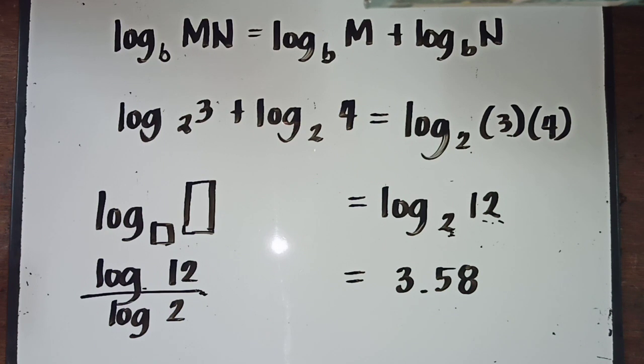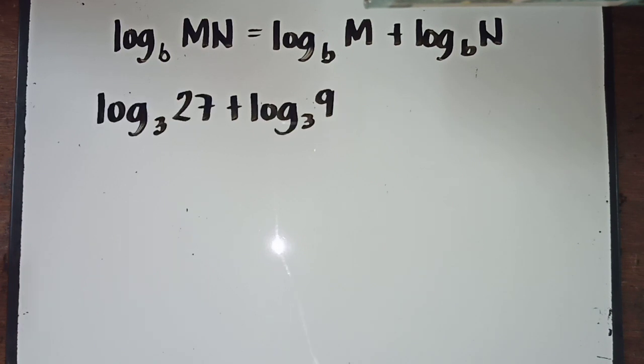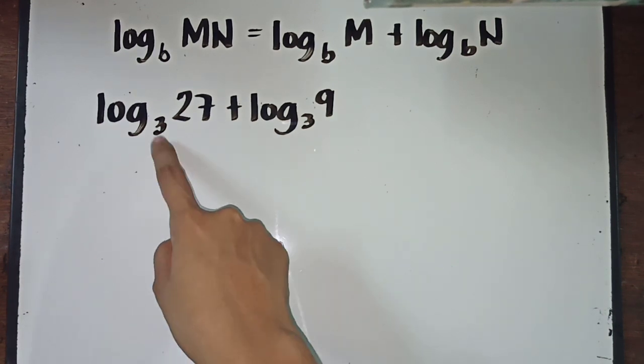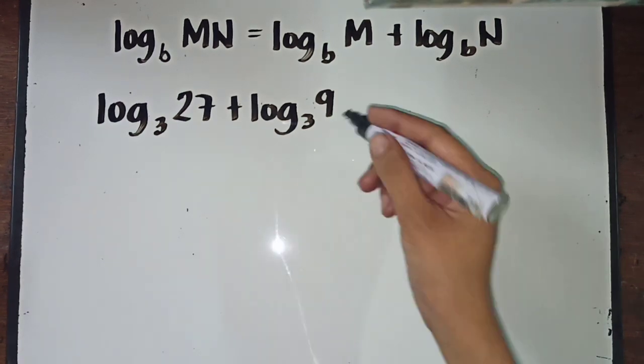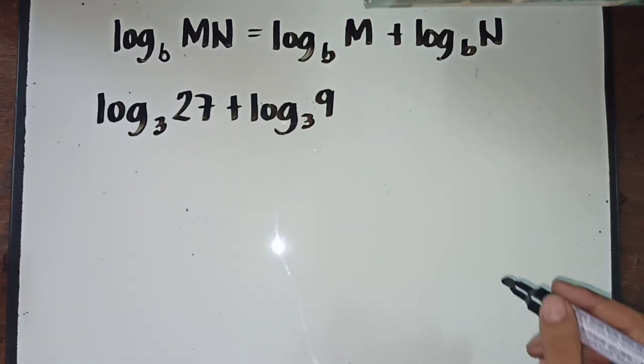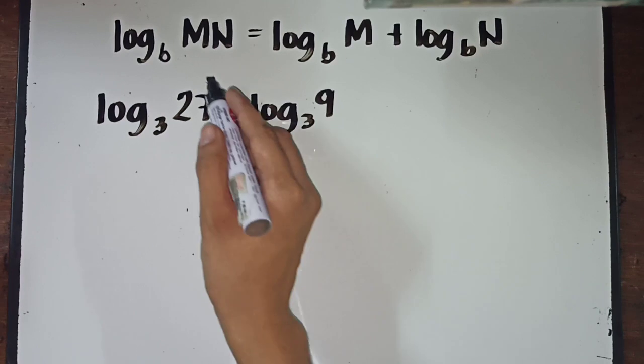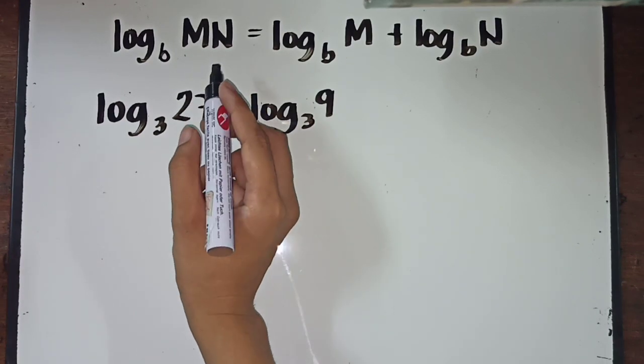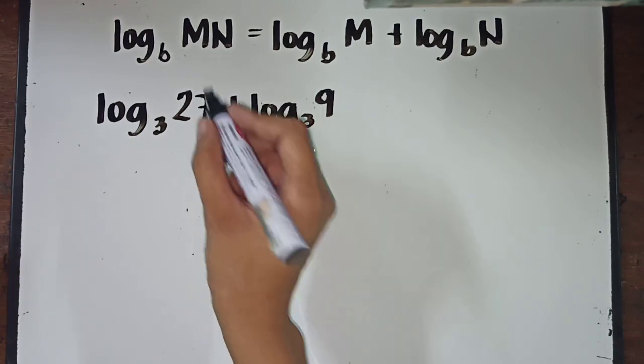Okay? So, another example. So, logarithm of 27 to the base 3 plus the logarithm of 9 to the base 3. Okay, so apply the law. So, from addition, to make it a single logarithm, it will become multiplication.